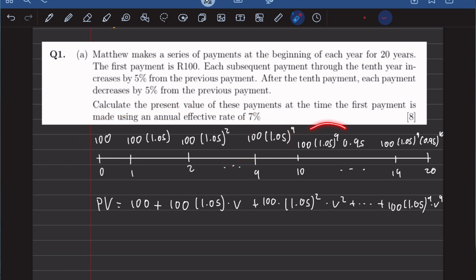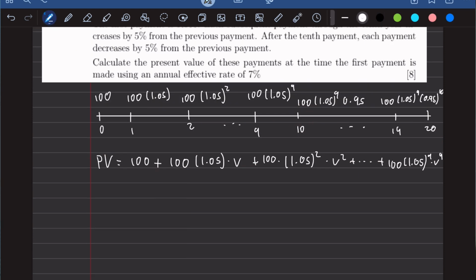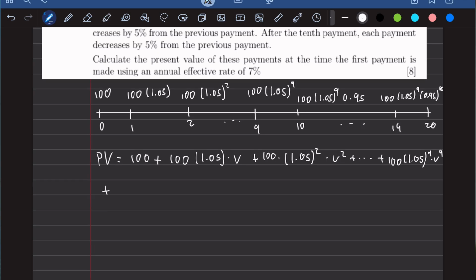And now that's our first 10 payments. Now we need to do our second 10 payments. So our second 10 payments will be 100 times 1.05 to the 9 times 0.95 times v to the 10, because we have to discount that one 10 years, plus 100 times 1.05 to the power of 9 times 0.95 to the power of 2 times v to the 11.